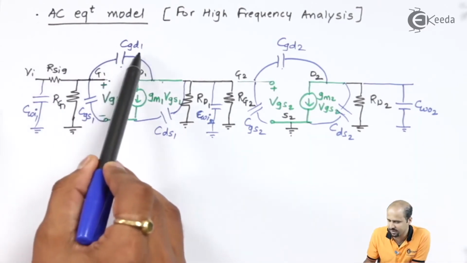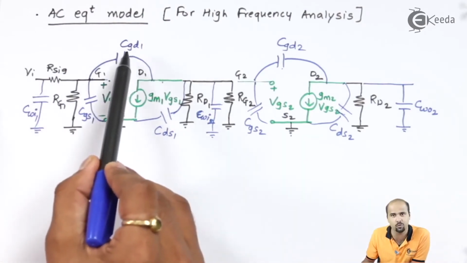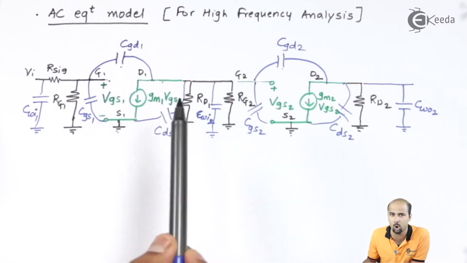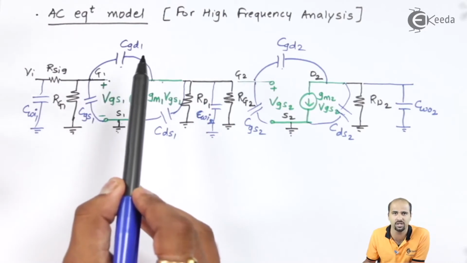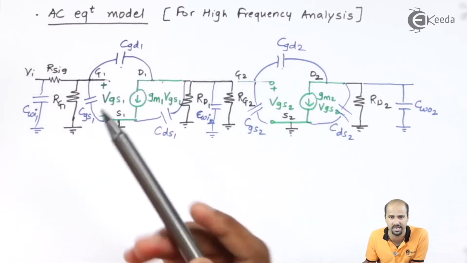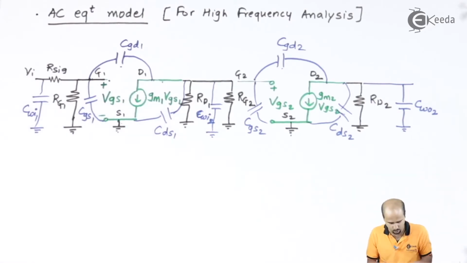So CGD1 I want to replace at the input side. CGD1 I have to replace at the output side as well. But the value will no longer be CGD1 only. We have to change the value of CGD1 when we are taking it at the input side and output side as well. So we will convert this into Miller's equivalent capacitance.